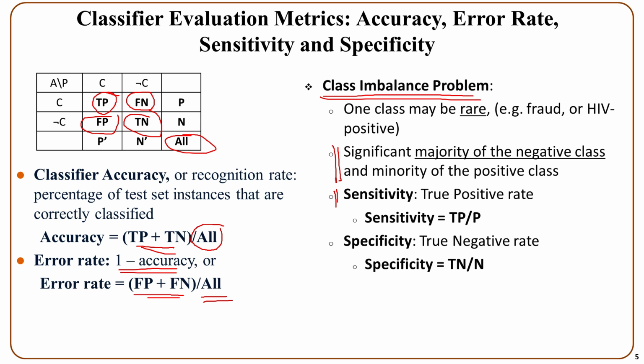Then you would look at the sensitivity and the specificity. Sensitivity is the true positive rate, which is the number of true positives divided by the total number of positives.